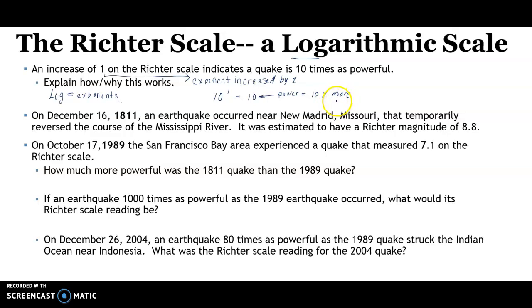So let's look at an example. Back on December 16, 1811, there was an earthquake in New Madrid, Missouri, that temporarily reversed the course of the Mississippi River. It was estimated to have a Richter magnitude of 8.8. So because this is on the Richter scale, this 8.8 would be the exponent.